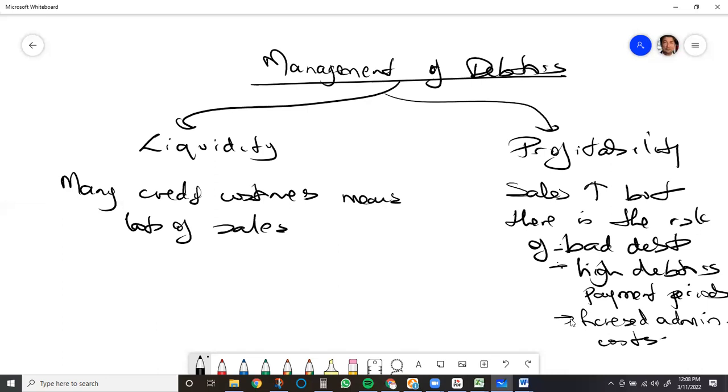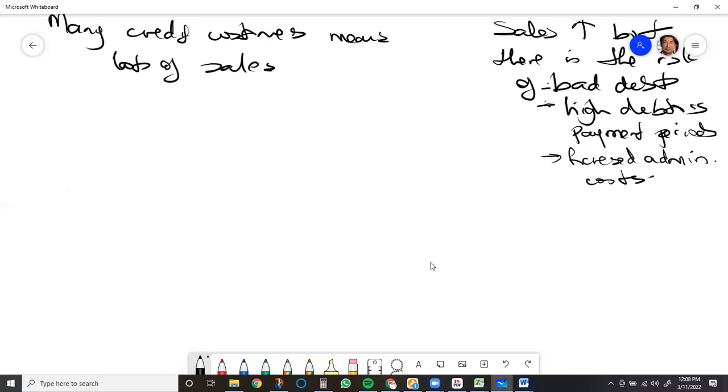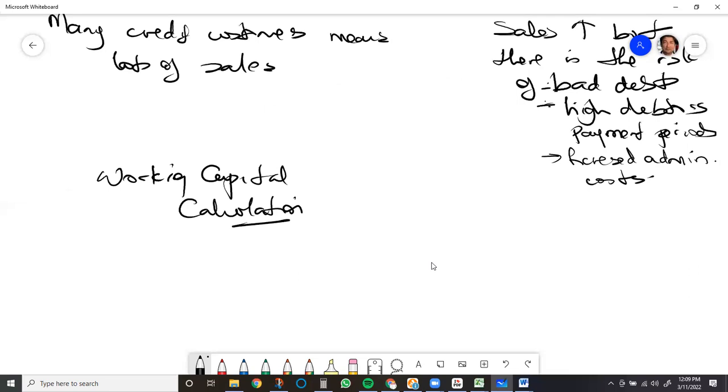Remember I showed you when I introduced working capital, if you were to look at the calculation of working capital, we say it's current assets less current liabilities.